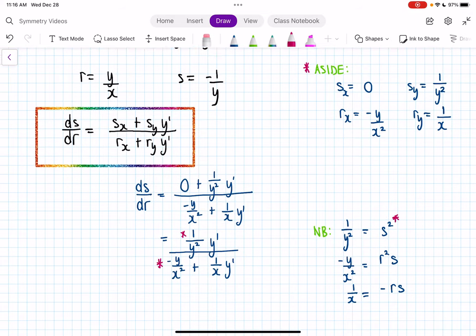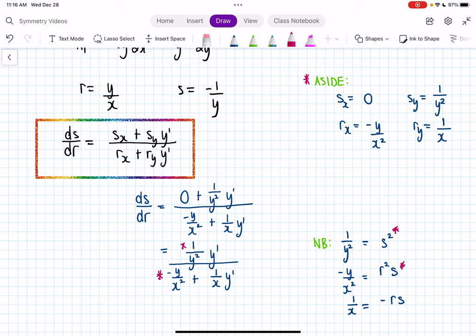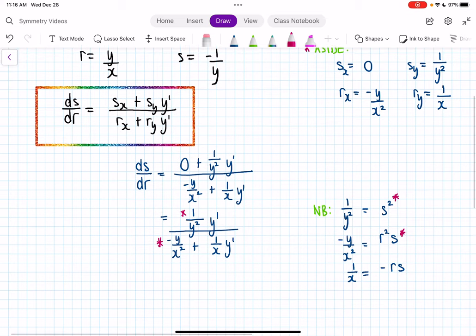Negative y over x squared is actually r squared times s. And then 1 over x is actually negative r times s.